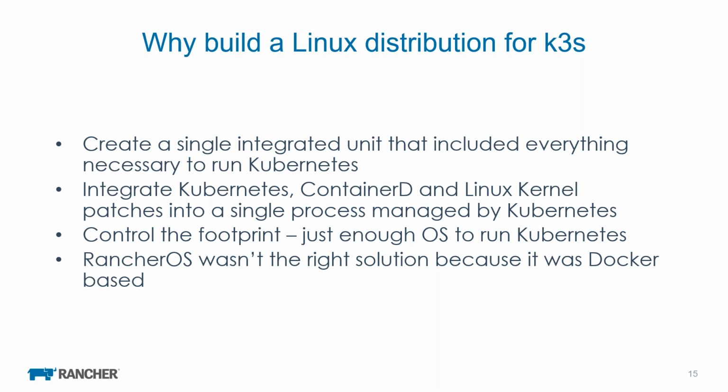But because that was all built around Docker, and we were moving to focus on Containerd as the runtime for K3S, it didn't make a lot of sense to leverage RancherOS. We didn't want the footprint of Docker and the footprint of Containerd on the same node. So we thought it was worth asking the question, what would be the right architecture?